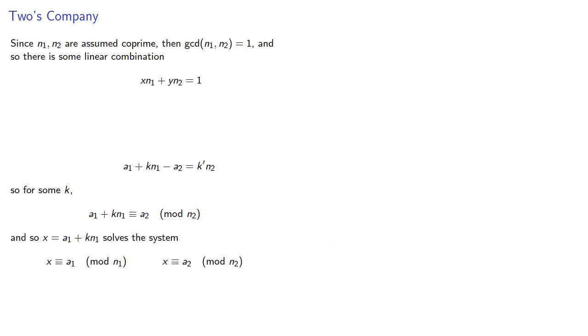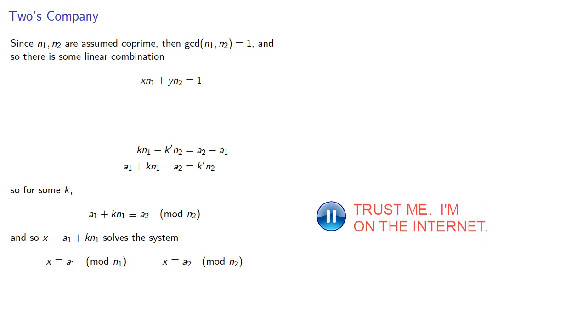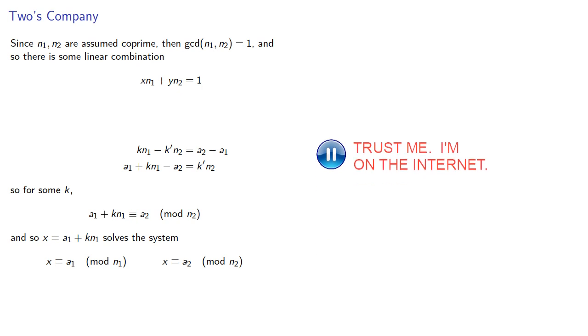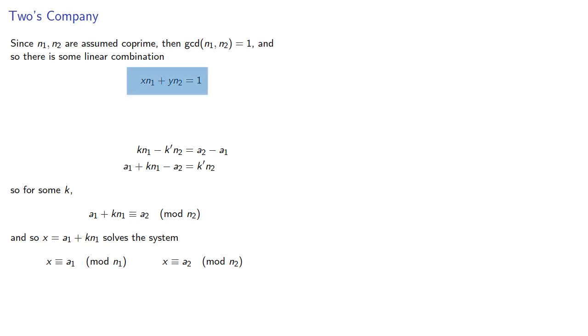Now, we know that we have a linear combination of n1 and n2 equal to 1, so let's rearrange this and get n1 and n2 on the same side and push everything off to the right. And let's see if we can get from our linear combination equal to 1 to our statement here.